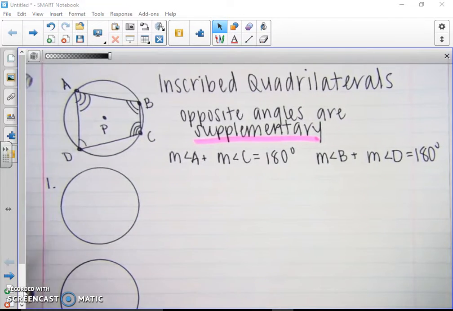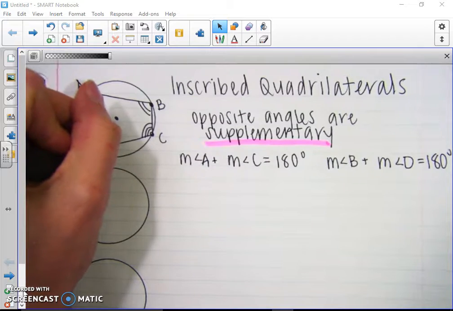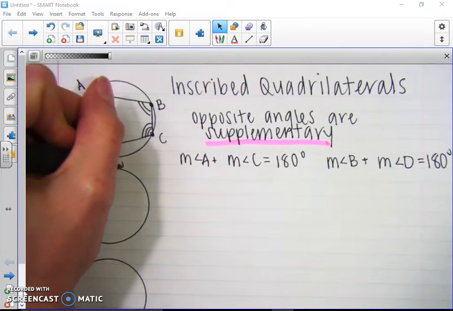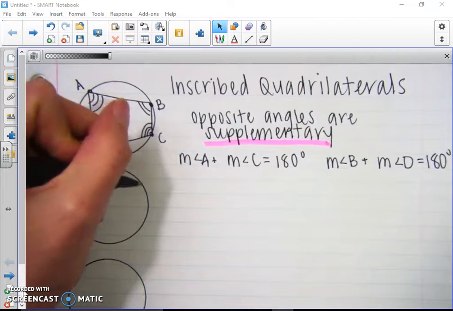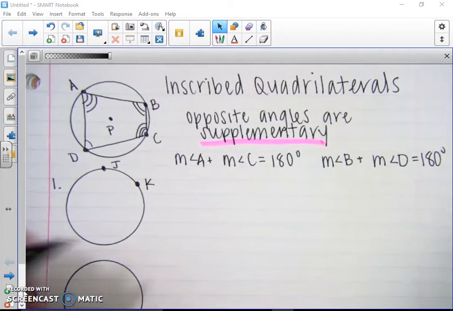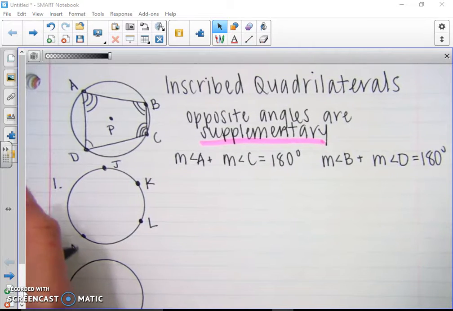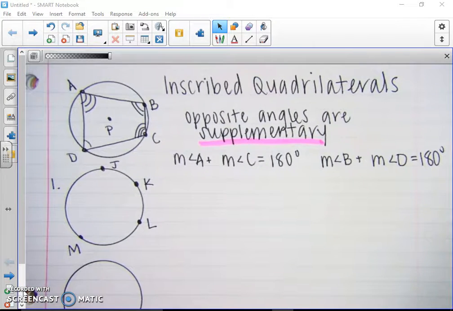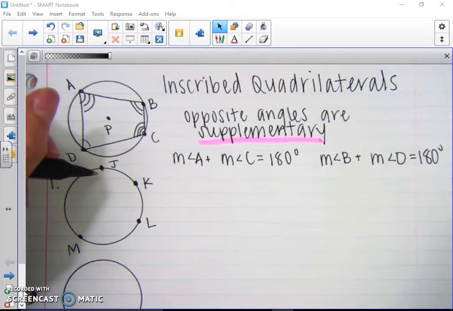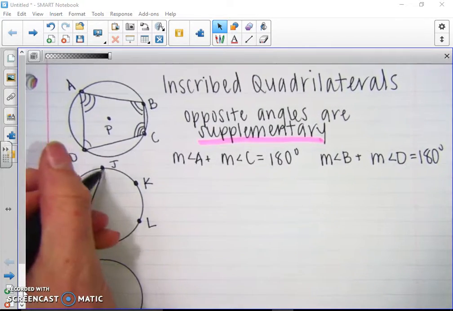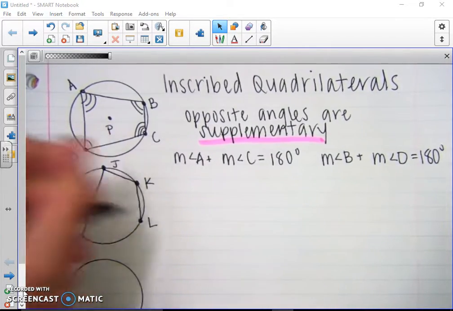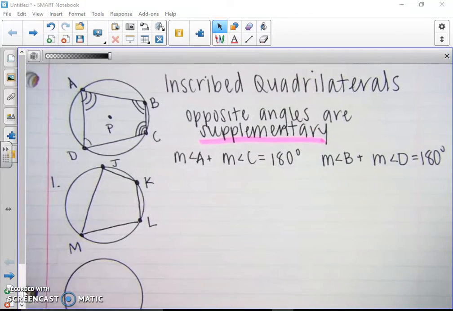So number one, let's plot some points: J, K, L, and then M. We'll construct our quadrilateral by connecting those vertices.